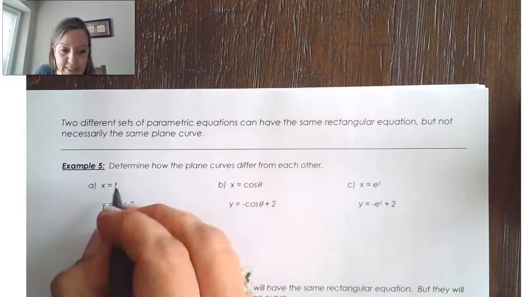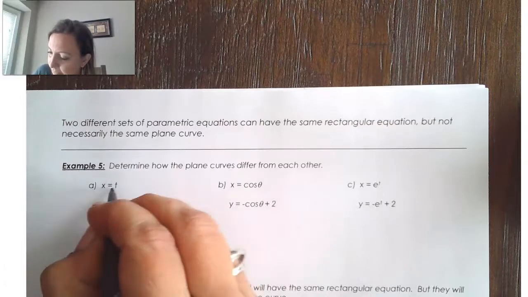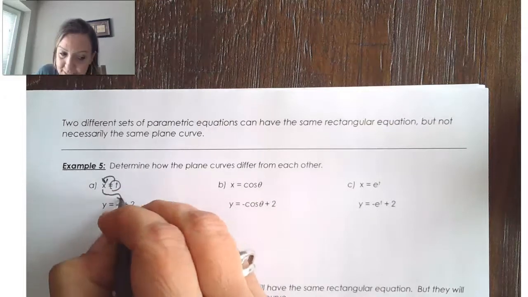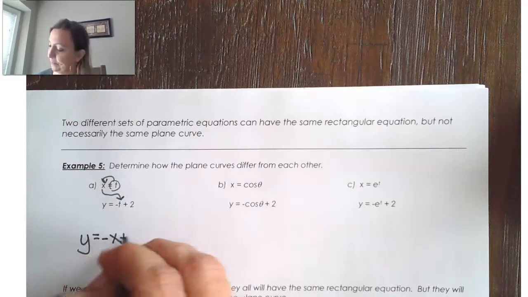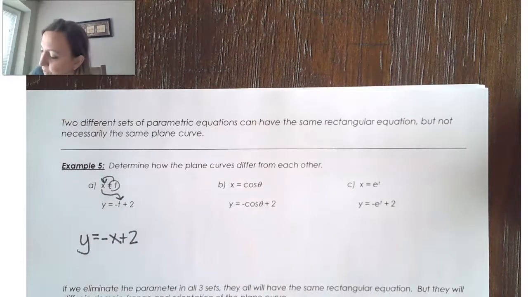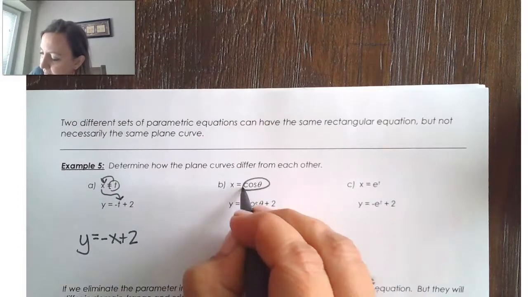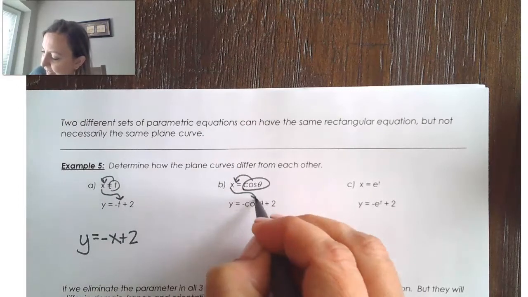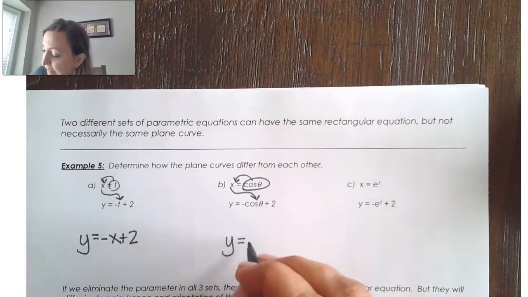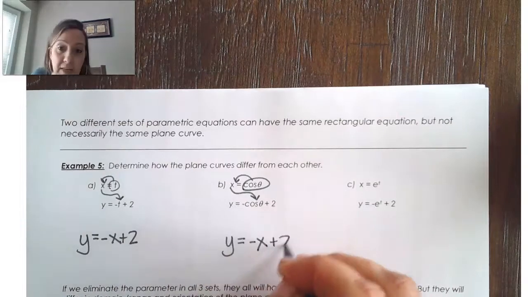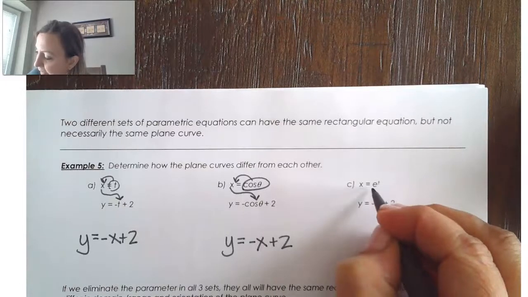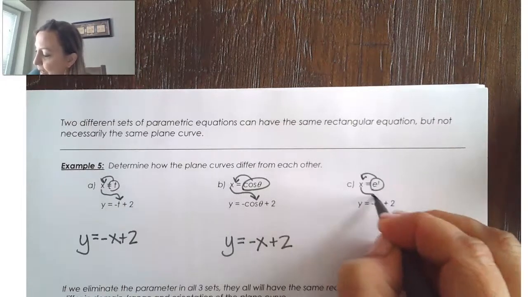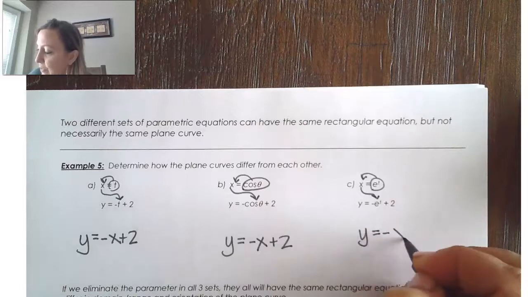If I make t equal x, I can put that in here and get y equals negative x plus 2. I could do the same thing here and get y equals negative x plus 2, and the same thing here, y equals negative x plus 2.